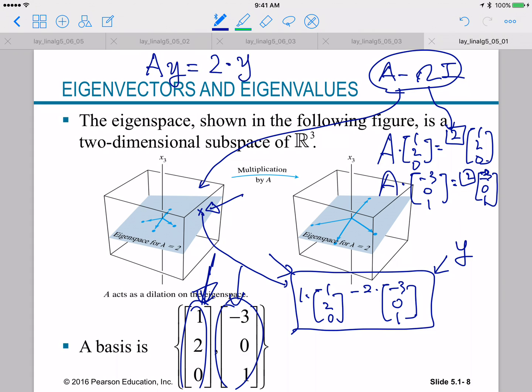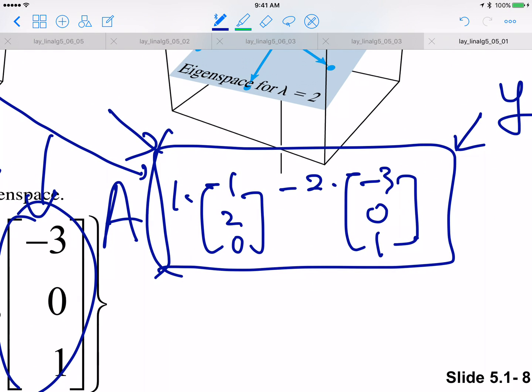It is still 2 times y. And why? Why should that be true? Okay, let's imagine the multiplication with the matrix A here. A can be distributed to each term, right?